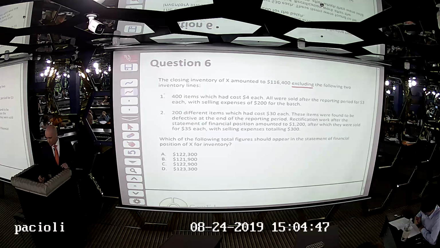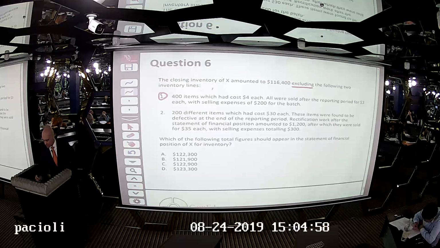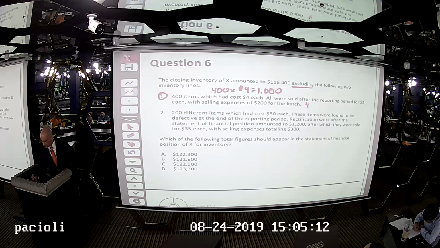So for number 1, we want to find the cost and the net realizable value and see which one is smaller. So in this case, the cost is 400 times 4, 1,600. And they were all sold for $3 each. So the selling price, 400 times 3, 1,200. Selling expense is 200, minus the selling cost.